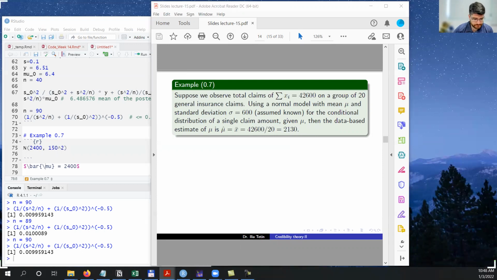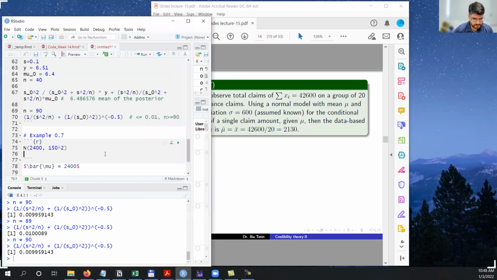So mu, okay, let's try to find out. Okay, the mu estimate is what? This is the fraction of n x bar.